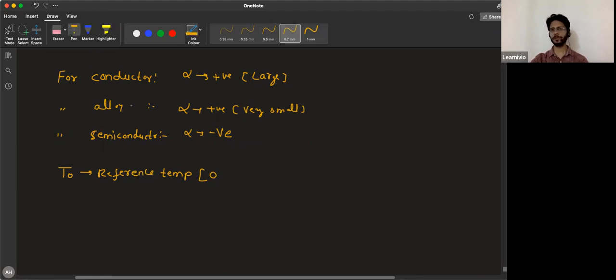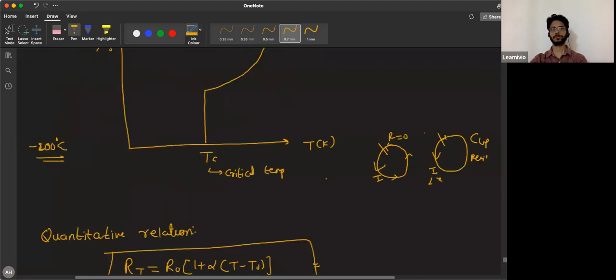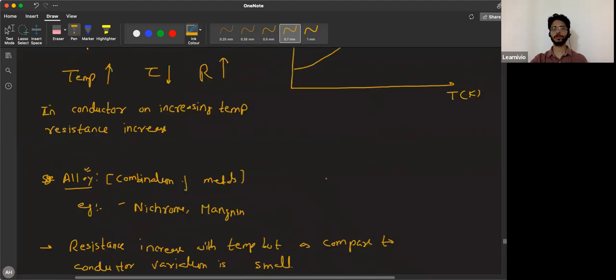So if it is not given, then we will take T naught as 0 degree Celsius, or you can take it as room temperature. That's the reference temperature. Note it down. Then we'll do some numericals on it.